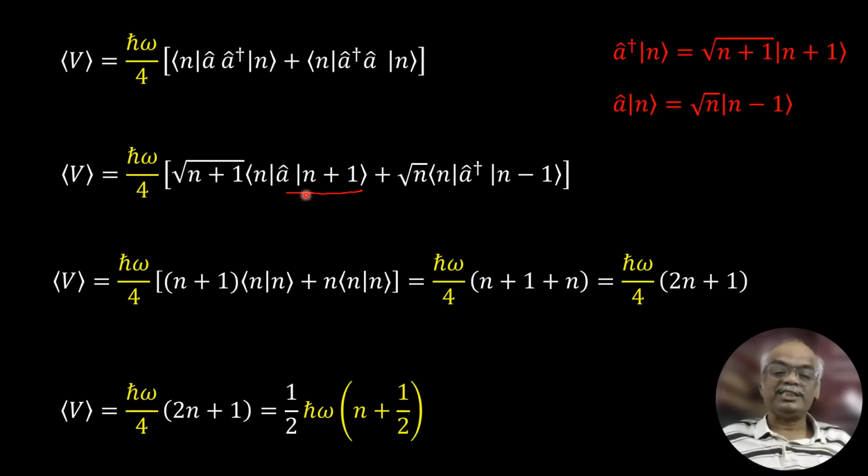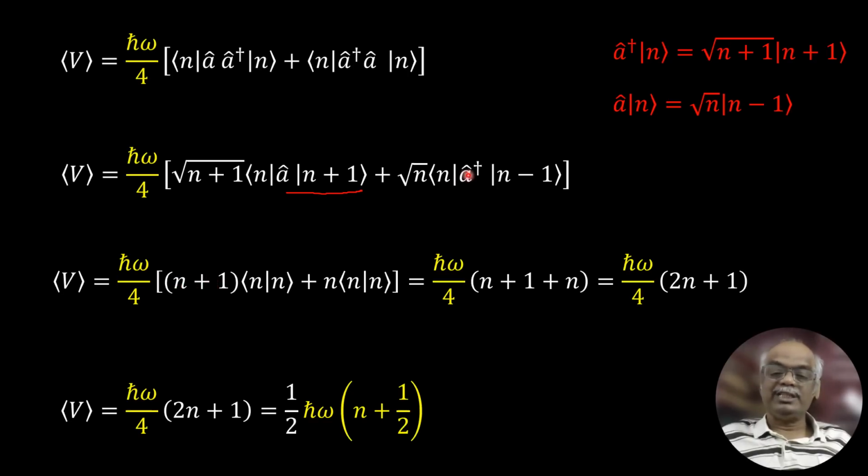It reduces its energy level by 1. So this will become n plus 1 minus 1, n. It reduces the energy state by 1 with the expansion coefficient square root of n plus 1. So square root of n plus 1 into square root of n plus 1 will become just n plus 1.